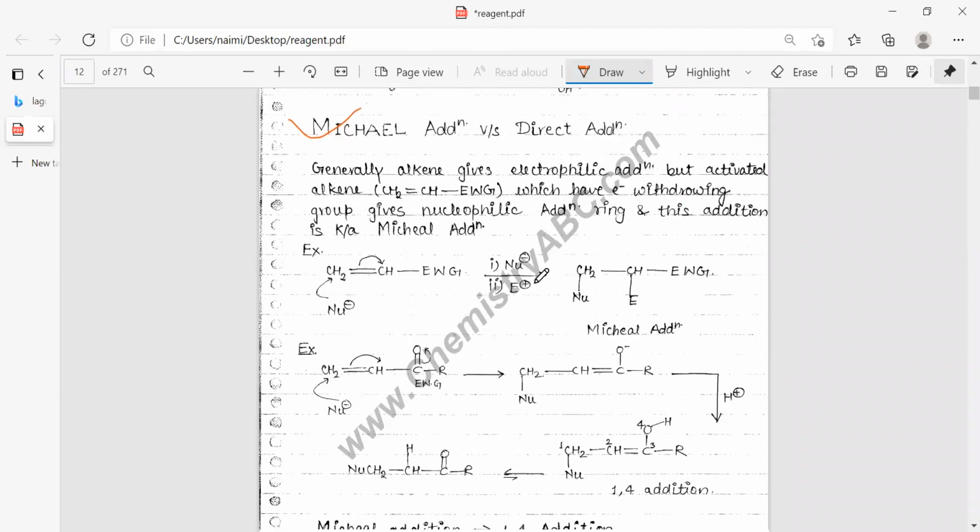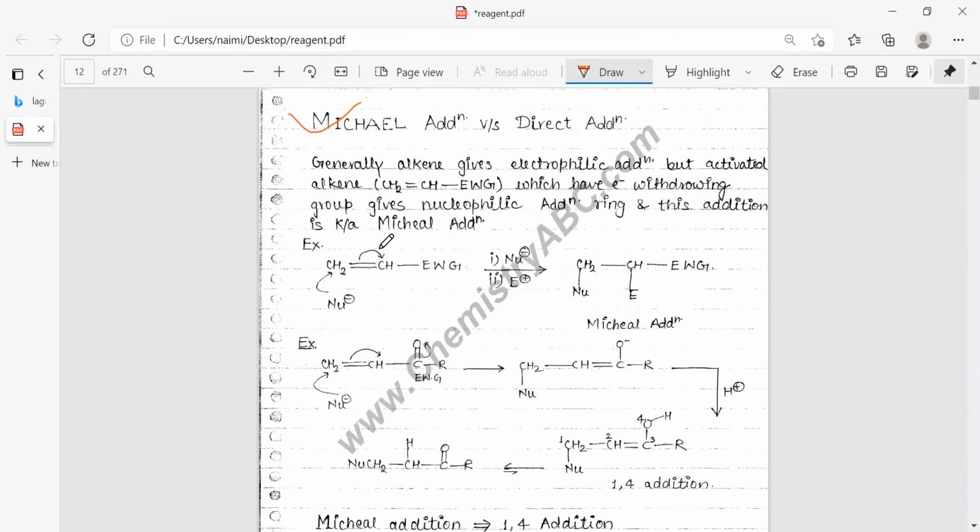In Michael addition, you can understand the nucleophile will attack on this electron-deficient side. When the nucleophile attacks from this position, the electrons will move because the electron density is much more, and then on the other side the nucleophile attacks further.